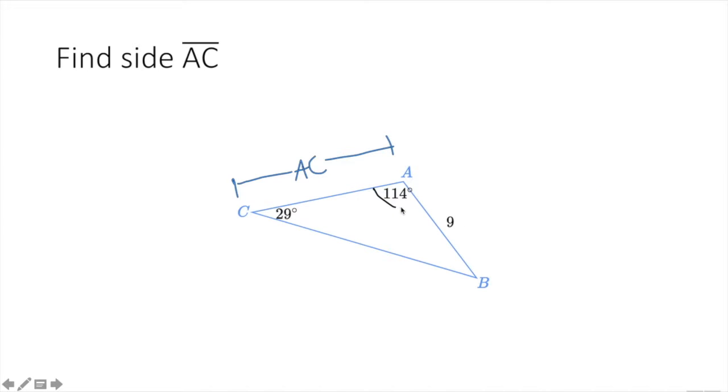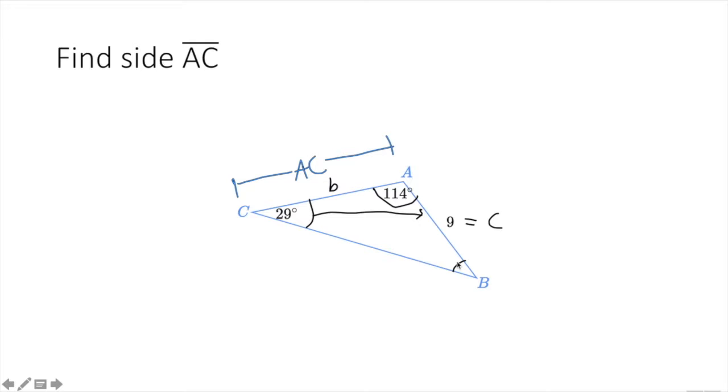We've got angle A, we've got angle C, and side c being 9, and what we want is the side directly across from angle B. We've got 29, we've got 114, and this blank over here isn't really unknown.